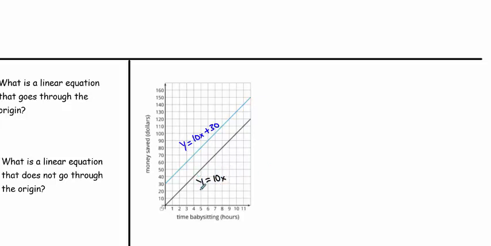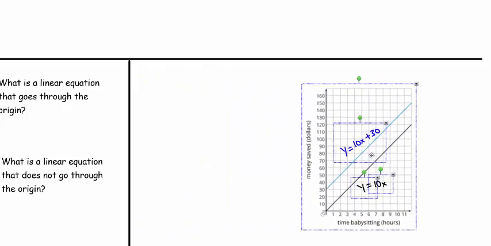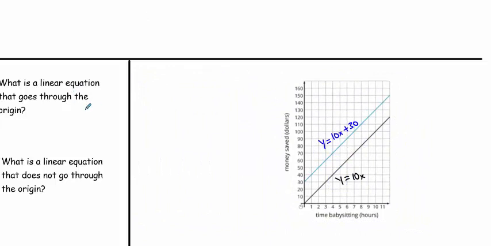Equations that go through the origin look like this: y is equal to mx, right? So y is equal to whatever the slope is, whatever the rate of change is, times x, however many hours in this case.